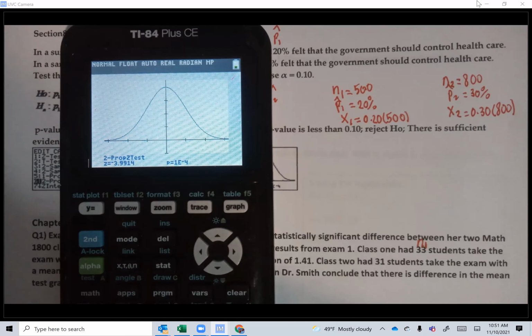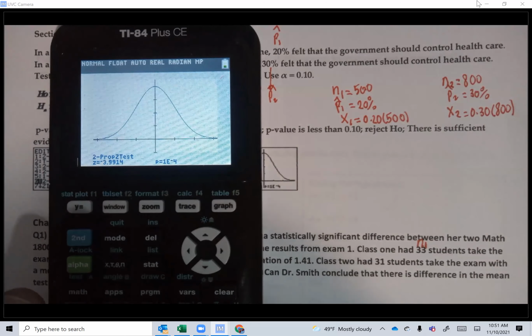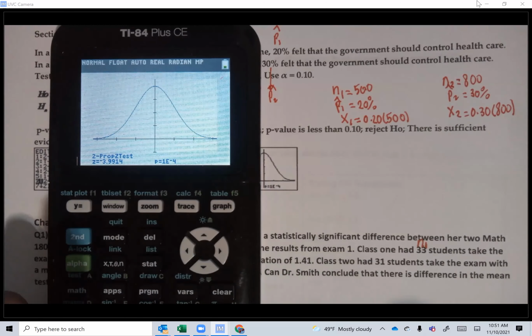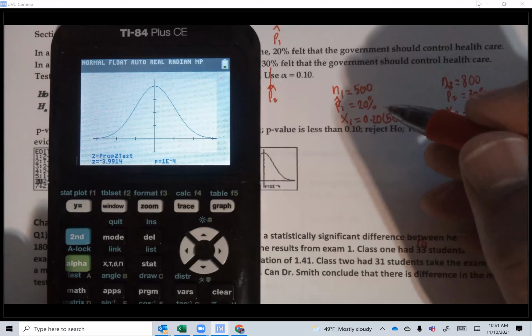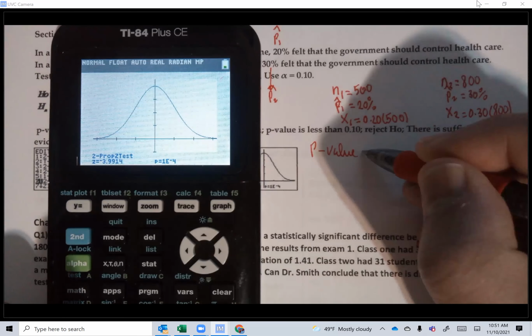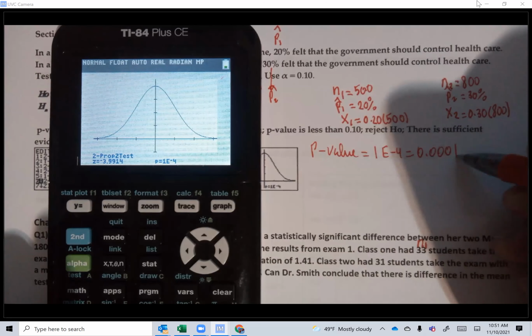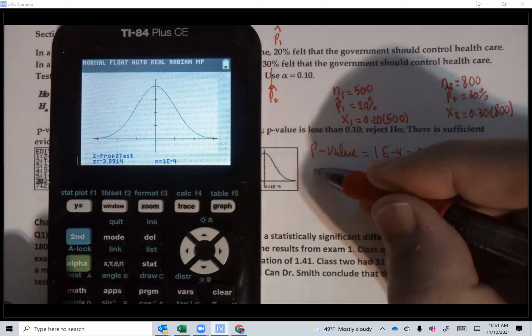All right, so Z is negative 3.99. And p-value is 1e minus 4. The p-value, guys, is just to interpret it. Means 0.0001, which is less than alpha. We reject H0.